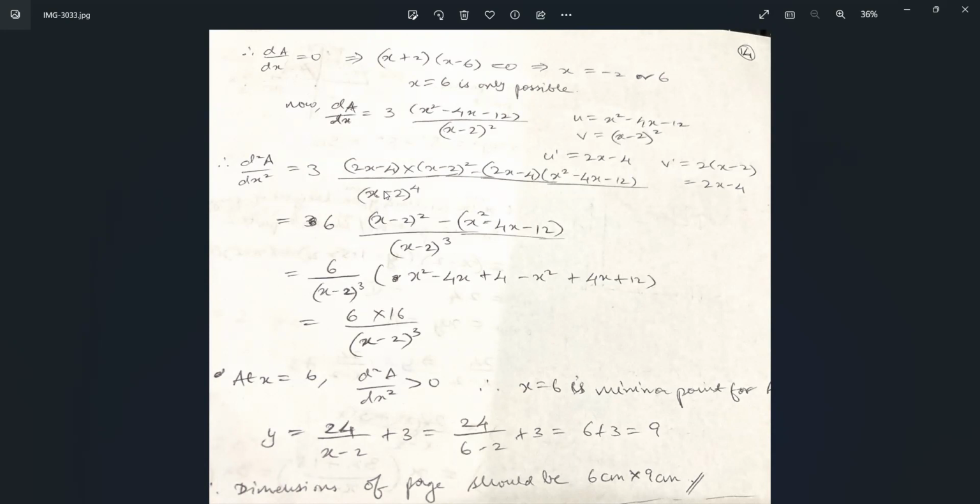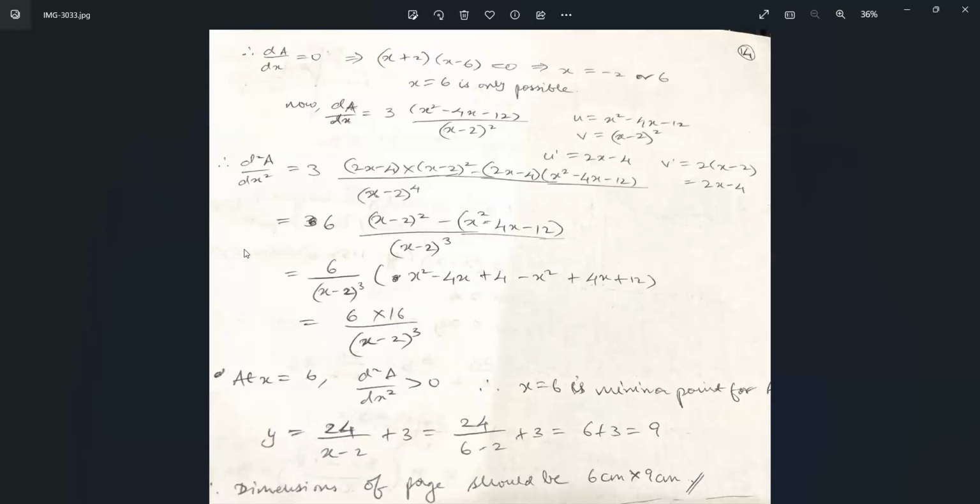While simplifying, what we get is x minus 2 the whole square minus x square minus 4x minus 12. When we simplify, x square and x square cancel, minus 4x and 4x cancel. And finally we have 6 into 16 divided by x minus 2 the whole cube. At x equal to 6, when we substitute, we get this as a positive number. Therefore, we prove that x equal to 6 is a minima point.